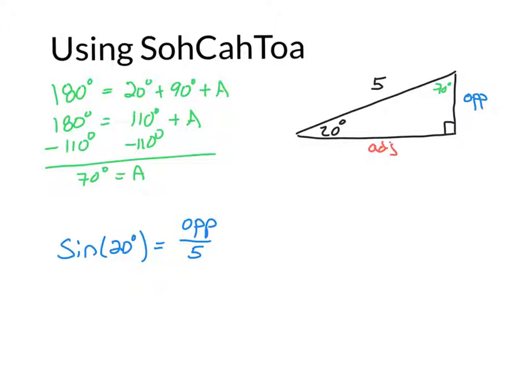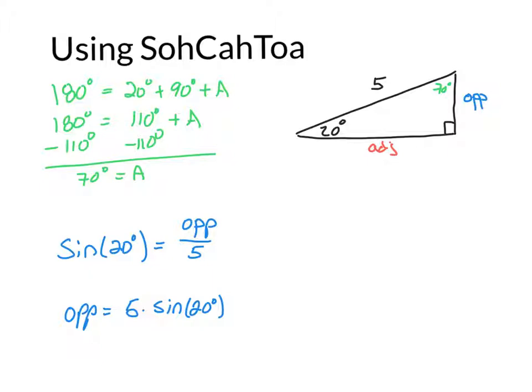Multiplying 5 on both sides of this equation gives me that the opposite side length is equal to 5 times the sine of 20 degrees. So this would be the exact value. If I wanted to know the exact side length, it would be 5 times the sine of 20 degrees, and sometimes that's helpful because it lets me get good precision.